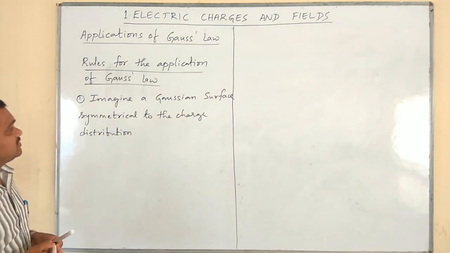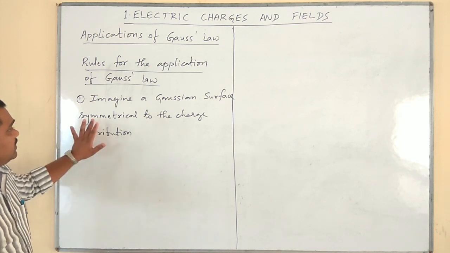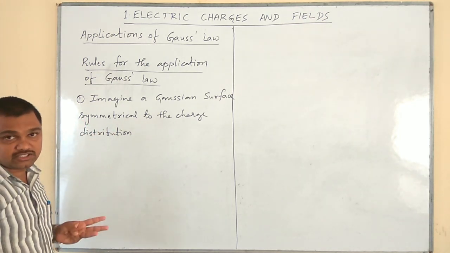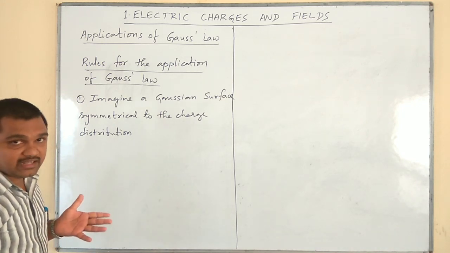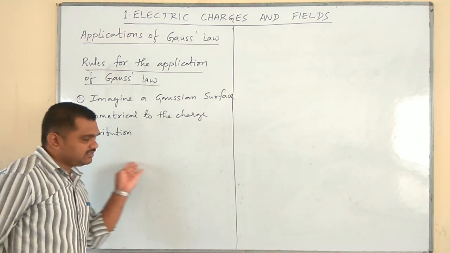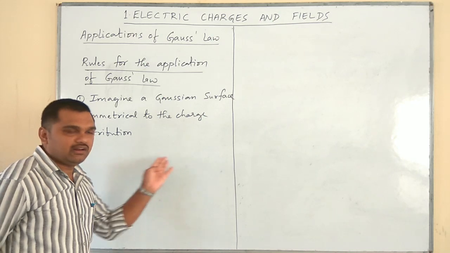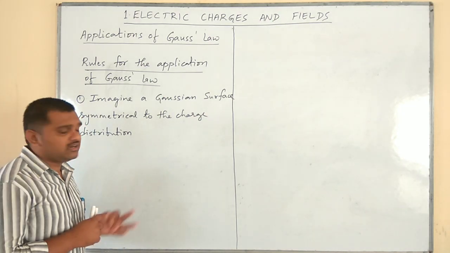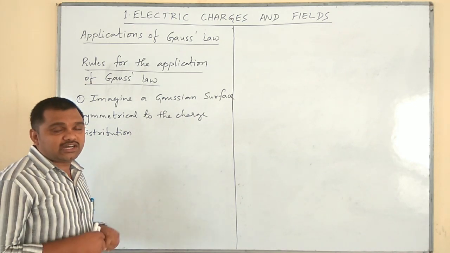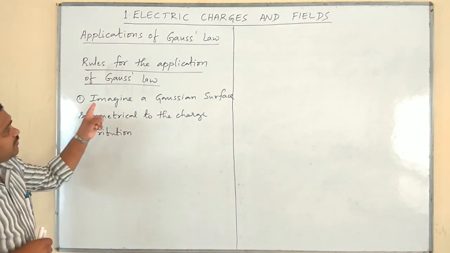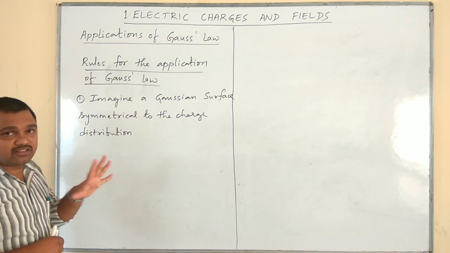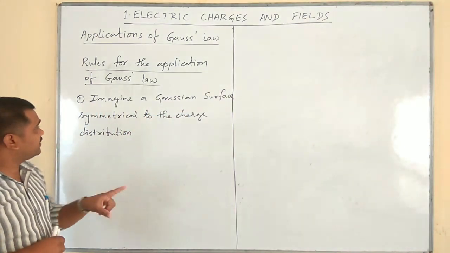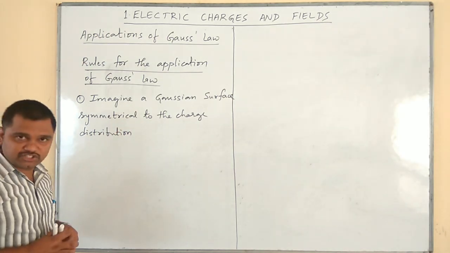In my last class, I already spoke about the different types of charge distribution. Actually, there are three types. First, linear charge distribution, which means just like a one-dimensional picture. Next, surface charge distribution, and the third one is volume charge distribution. Here, the first rule is to imagine a Gaussian surface symmetrical to the charge distribution.